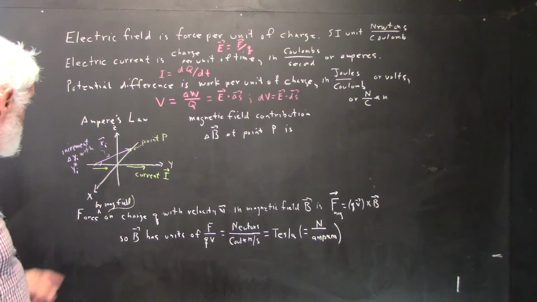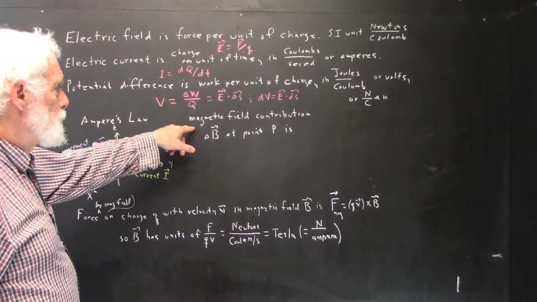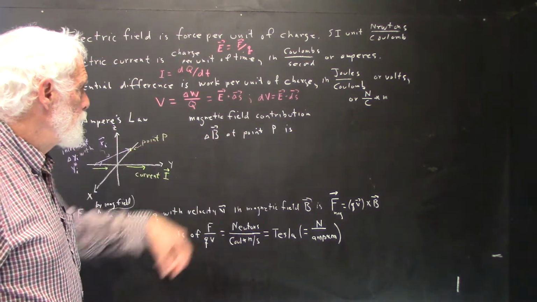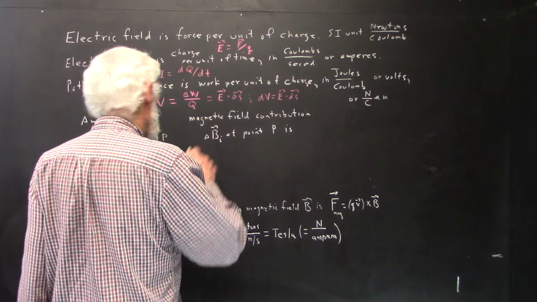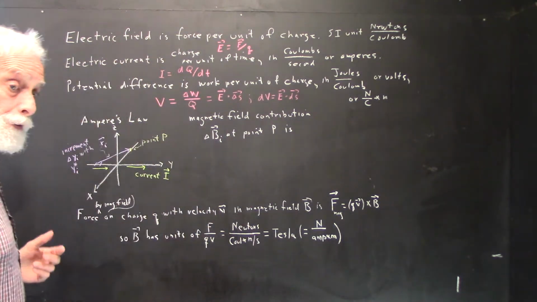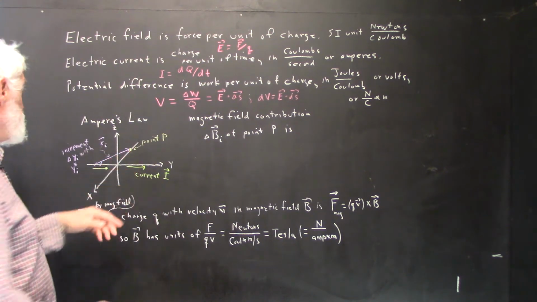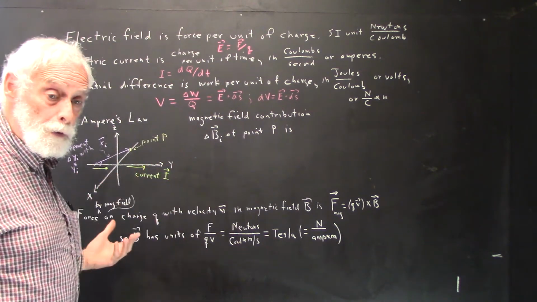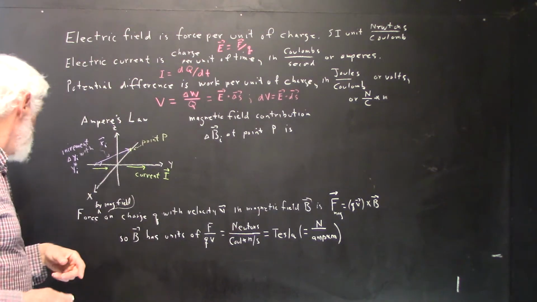Now, I can express the magnetic field contribution delta B at the point P. I'll call this contribution delta B sub i since I've put a subscript on this interval. Now if we want the total magnetic field at point P, then we partition whatever part of the axis is carrying the current, and we do an integral.